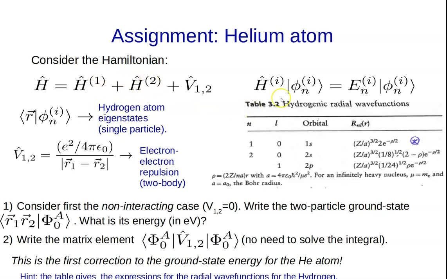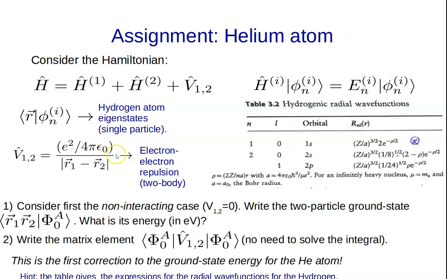Let's consider a model for the helium atom, where you have a Hamiltonian which has two single particle Hamiltonians, which are the hydrogen Hamiltonians for electron 1 and electron 2, plus an electron-electron interaction term, which is given by this.